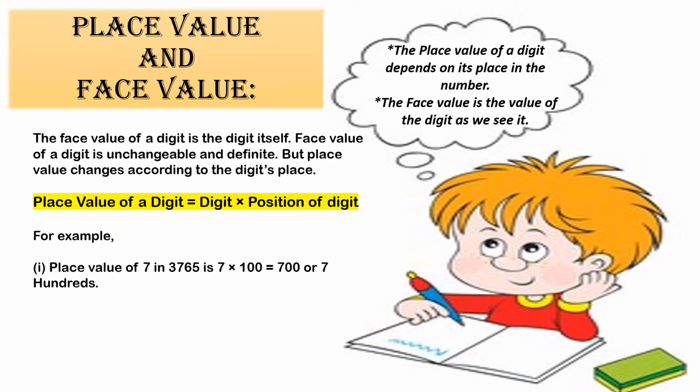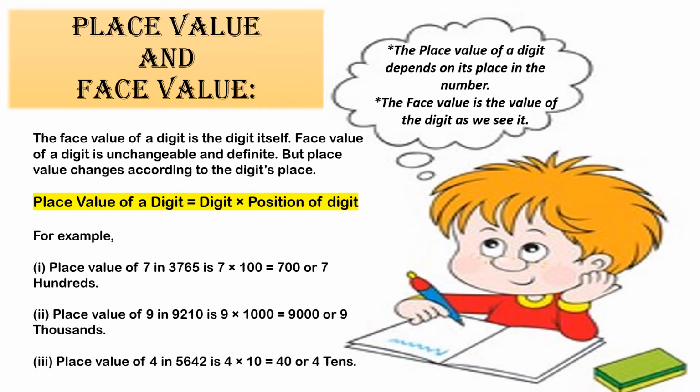When you write the place value, you know that the 7 is in hundreds place and then you can easily identify the place value. The place value of 9 in 9210 is 9 thousands as 9 is in thousands place. And what is the face value of 9? The face value is 9 itself.